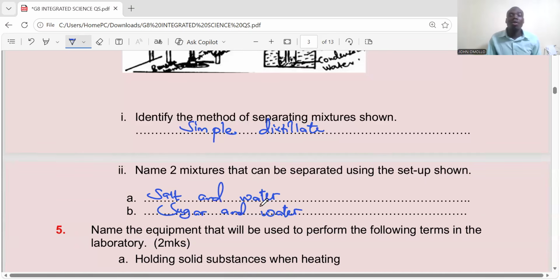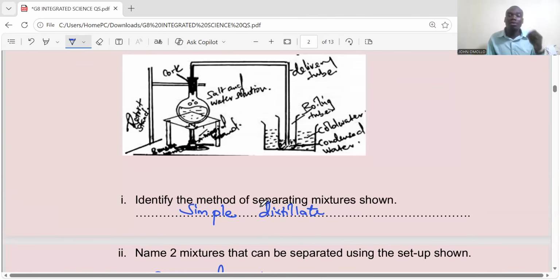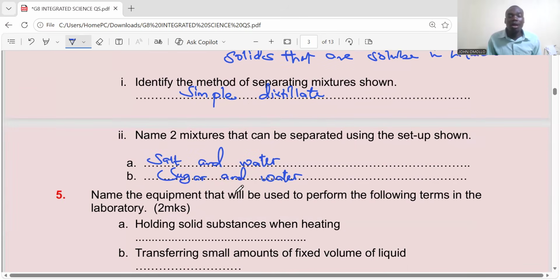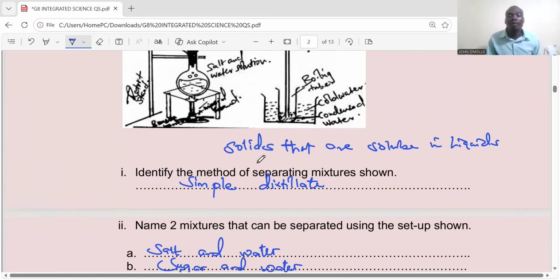So in this case, we are trying to separate those solids that are soluble in water or in liquid. Simple distillation is talking about solids that are soluble in liquids. Water is a liquid, and salt and sugar are solids.